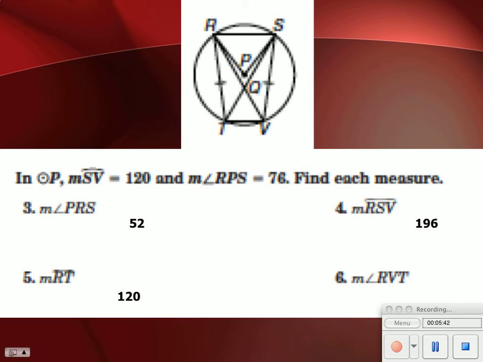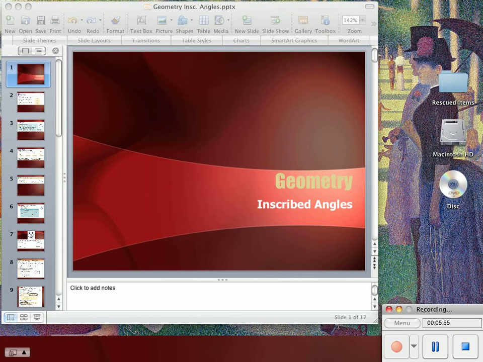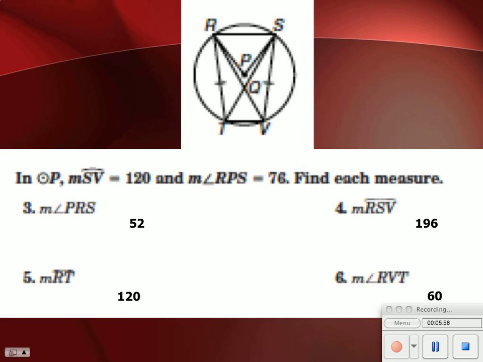I'm looking at RVS, and we should be looking at RVT. If the measure of arc RT is 120, then 1/2 of 120 is, of course, 60. So instead of recording this all over again, just pardon my mistake. I was looking at RVS when I should have been looking at RVT. So 1/2 of 120 is 60.